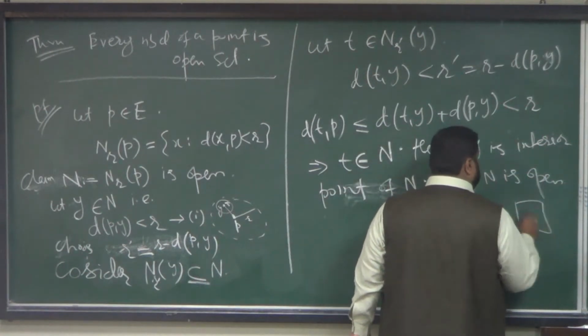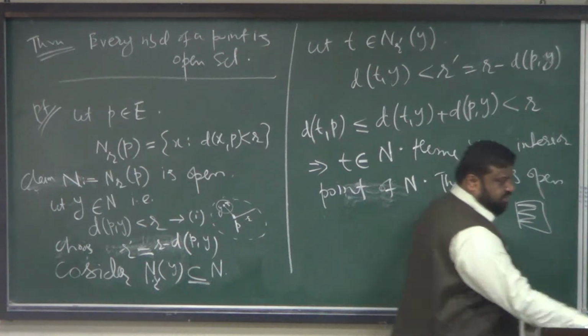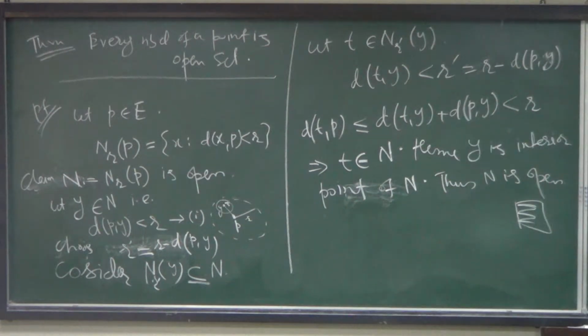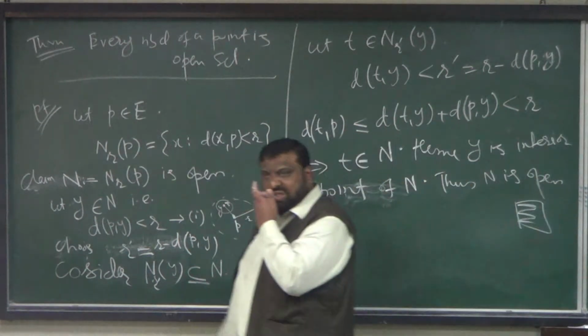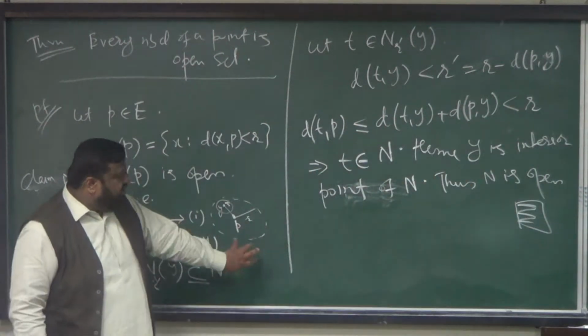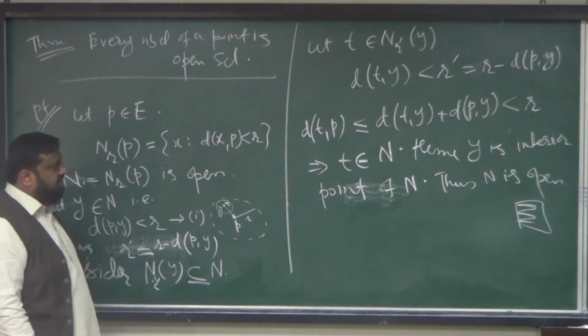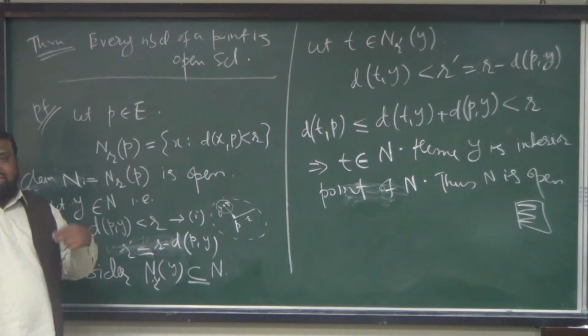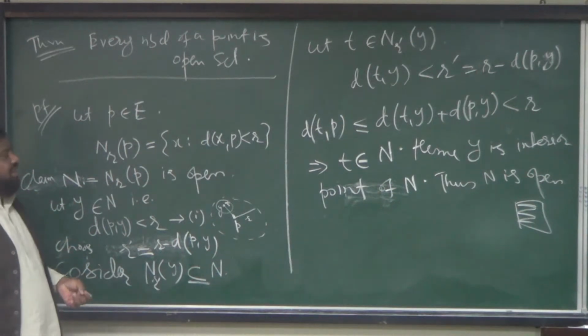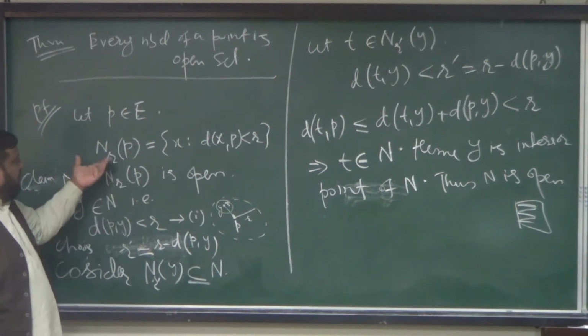Okay. Is it making sense? If you keep this picture in your head, it's really much more logical. And this result is so powerful that it's true for all metric spaces.